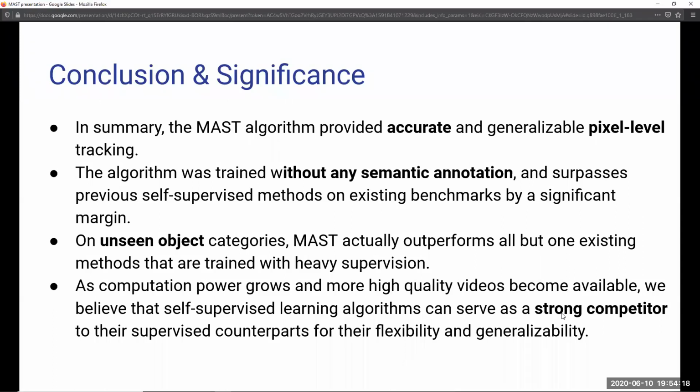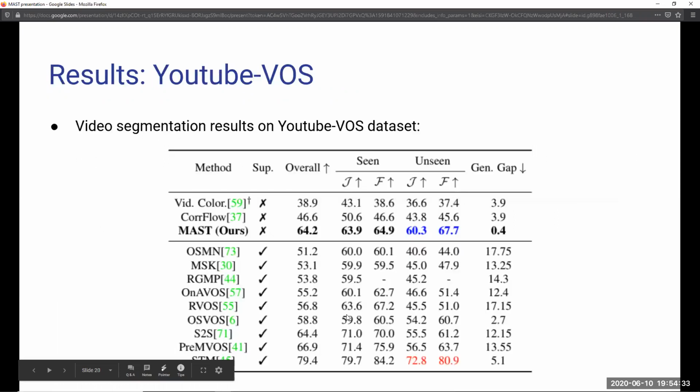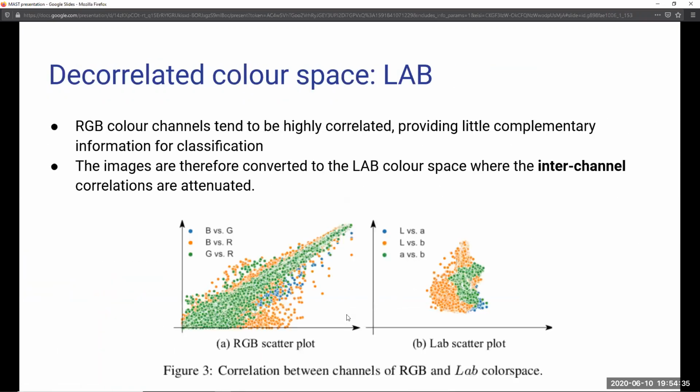But one thing to note, Marco, is that RGB color images have meaning to us visually. It's just because they correlate so heavily that this paper used LAB. If you look at a LAB image, it doesn't actually make sense to you visually. It really does this decorrelation, which is useful from a classification standpoint.